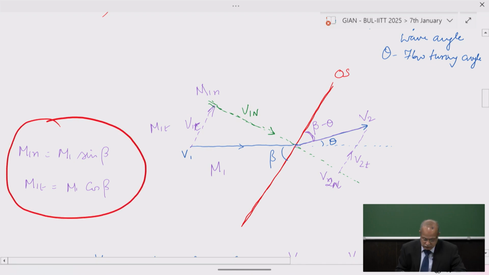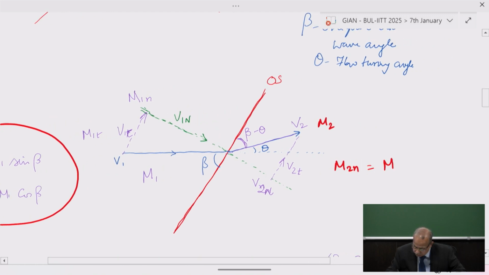M1n is equal to M1 sine beta, M1t is equal to M1 cos beta. Similarly, here also there is M2: M2n is equal to M2 sine beta minus theta, and M2t is equal to M2 cos beta minus theta.